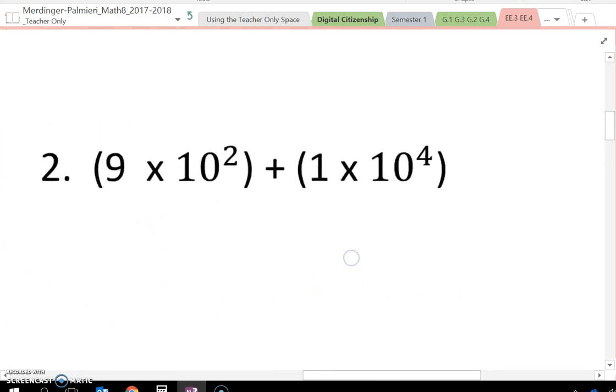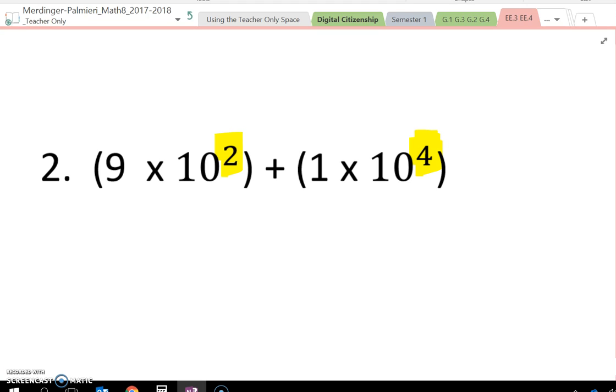So let's go ahead and take a look at problem number 2. And this time in identifying the exponents, we have an exponent of 2 and we have an exponent of 4. Because we're looking for this to be common, there are different ways that you can do this. If you go on YouTube or Google and look up this topic, different teachers can work them different ways.